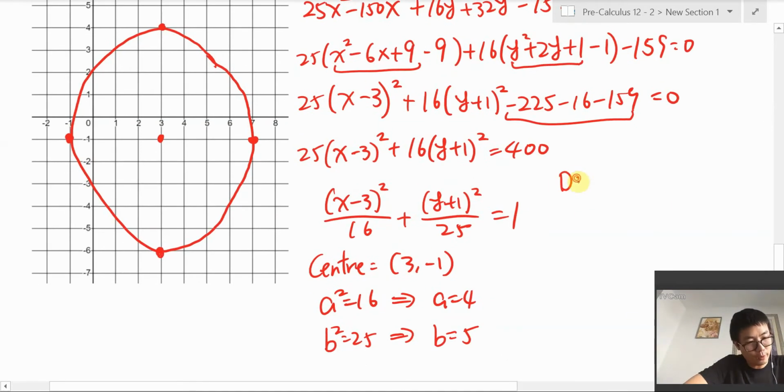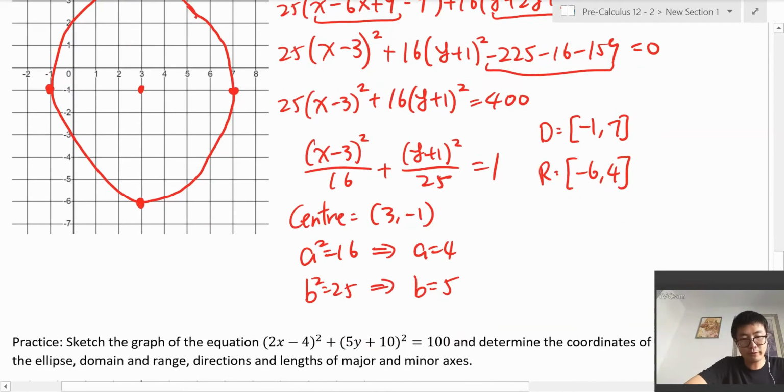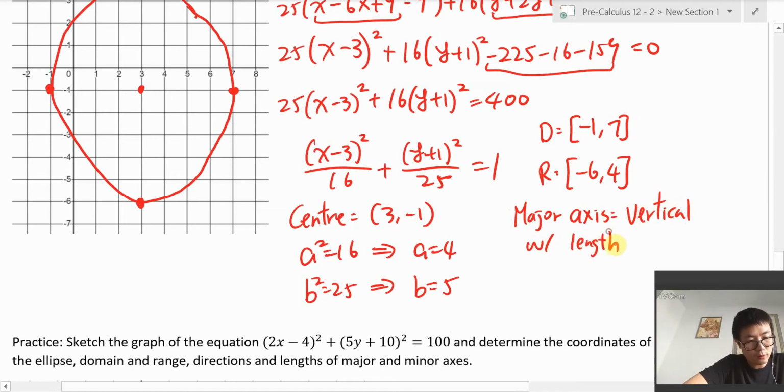We can find the domain and range quite easily. Again, once we have the graph, it's easy, right? Domain is negative 1 to 7, and range goes from negative 6 to 4. Okay, perfect. Major axis, this time again, it's still vertical, with length of 2 times b, which is 10.